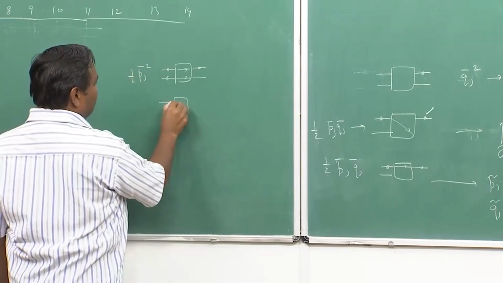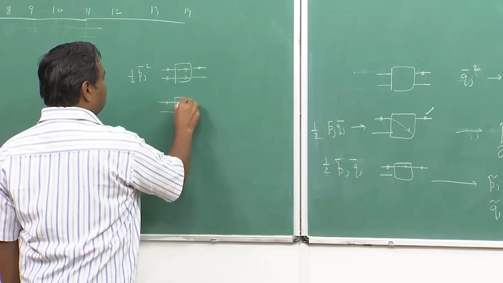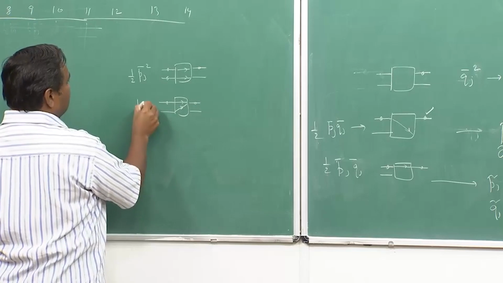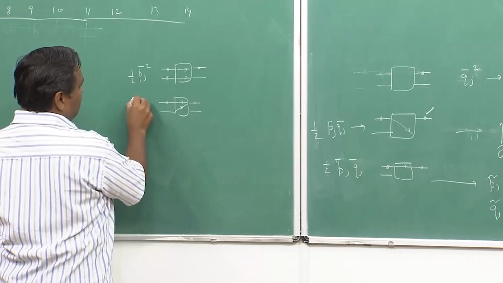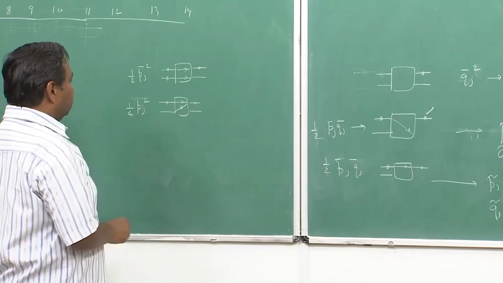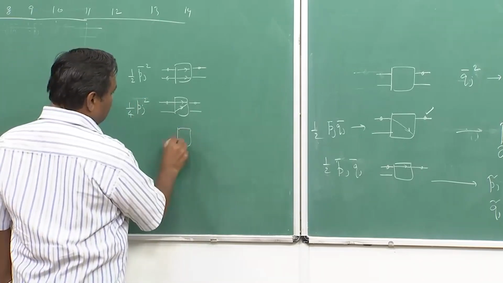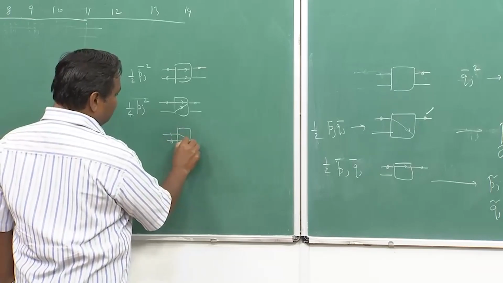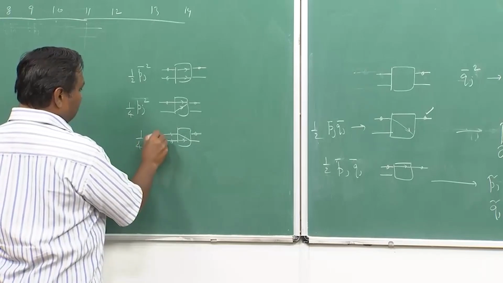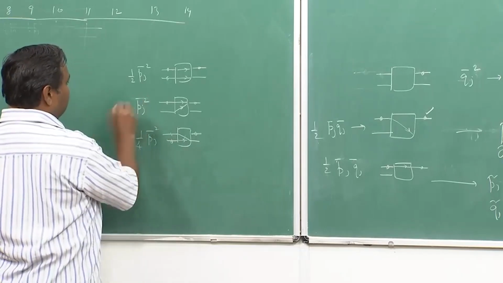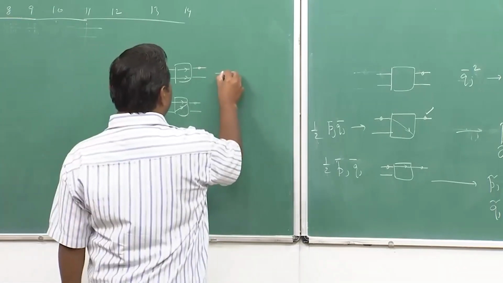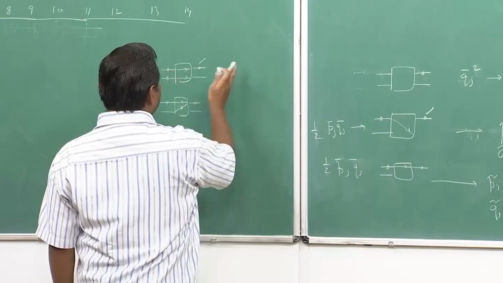The case when both are directed to this will happen with 1 by 4 Pj square, and the case when both are directed like this with 1 by 4 Pj bar square.